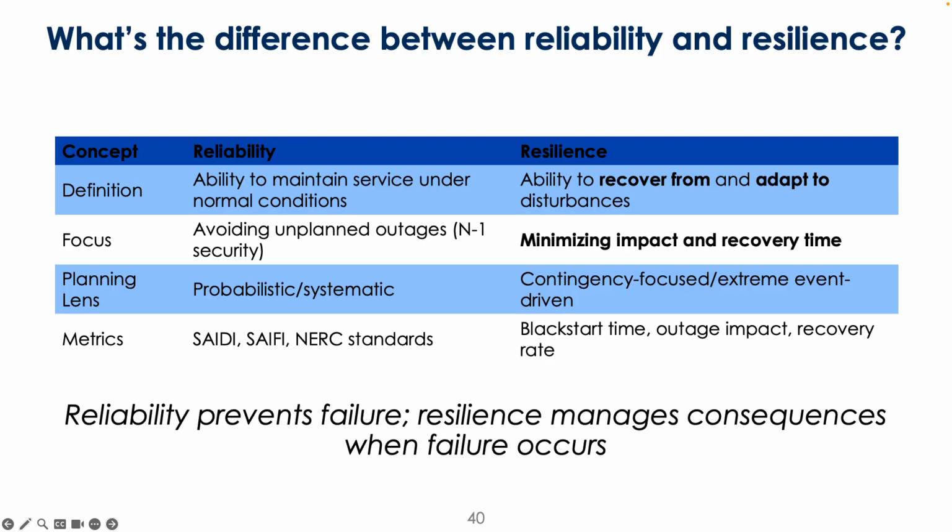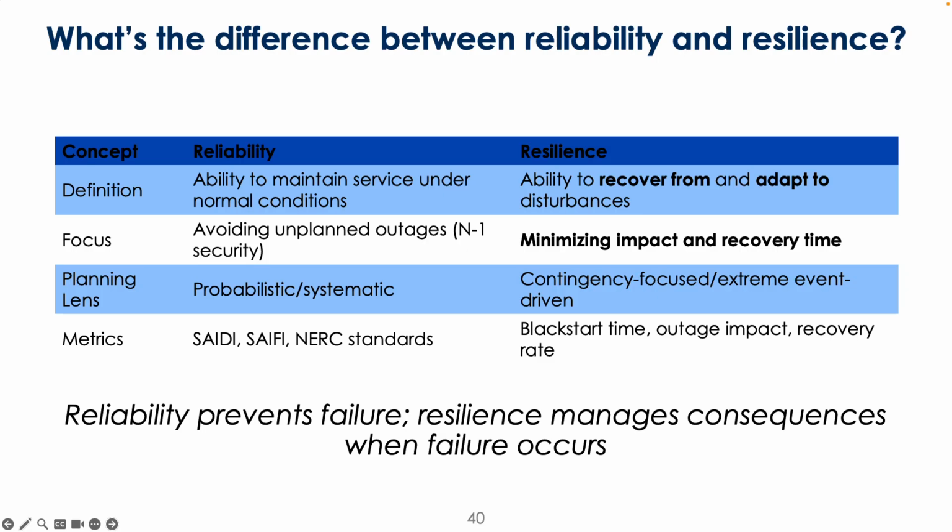With reliability, you want to avoid unplanned outages, and so we have this thing called N-1 security, which is the idea that if you lose a transmission line, can you still make sure that everyone has electricity, right? They have this N-1 contingency plan at a system operator level that helps make sure that you have redundancy in your system to ensure that it's reliable.